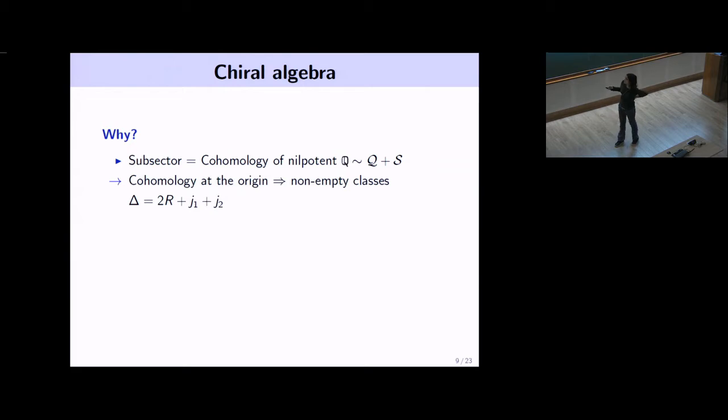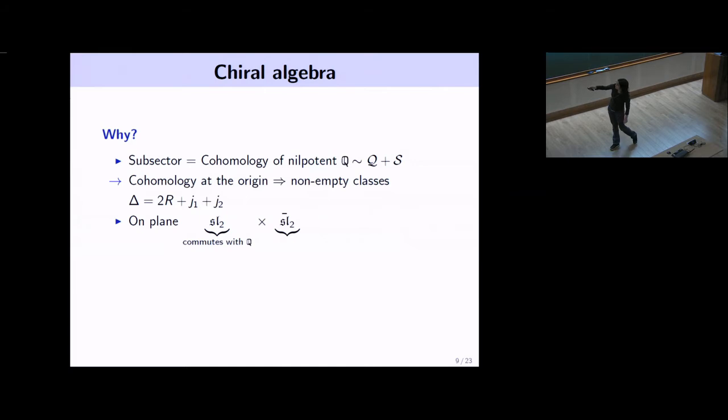And now I want to be able to translate my operators away from the origin in z and z bar while preserving them in cohomology. So on the plane, I have an SL2 and an SL2 bar. This is just the global conformal algebra on the plane. And I am free to translate in the z direction because the generators of the SL2 commute with this supercharge. And so if I translate an operator that is in the cohomology in the z direction, I will preserve it in cohomology.